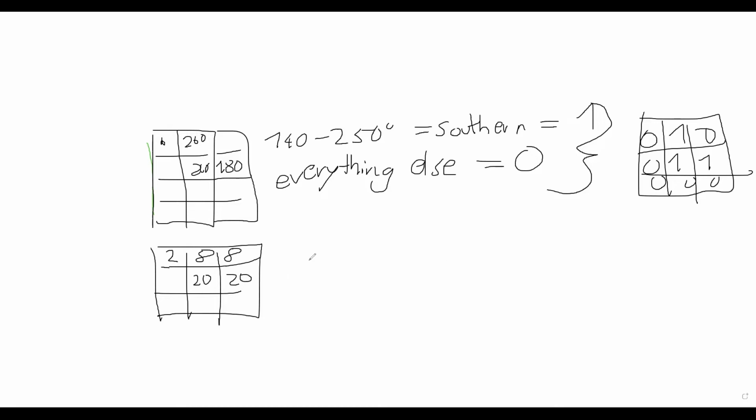I'm not sure how it is in regions that have an abundance of sun exposition. And then we have a second raster like this, which looks somewhat similar.